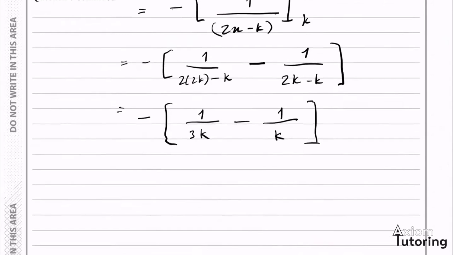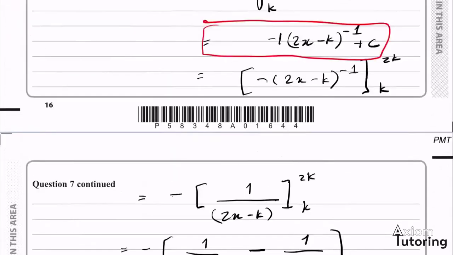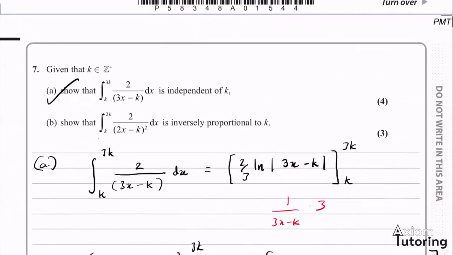And from here, all we really need to do, because our goal is to show that this is inversely proportional to k, is this. Imagine, let's call the result from this m. We're trying to show that m is proportional to 1 over k. That means it's inversely proportional to k.